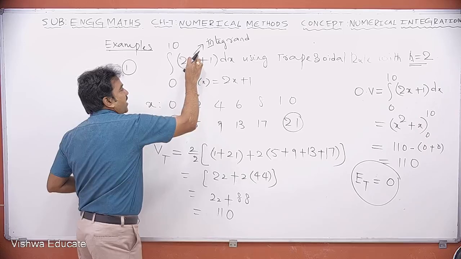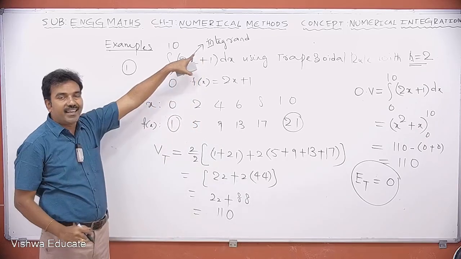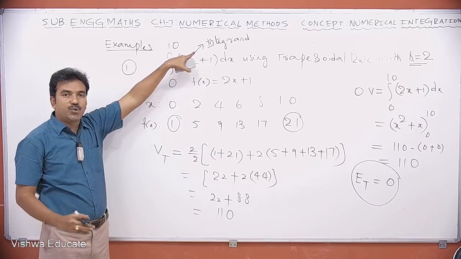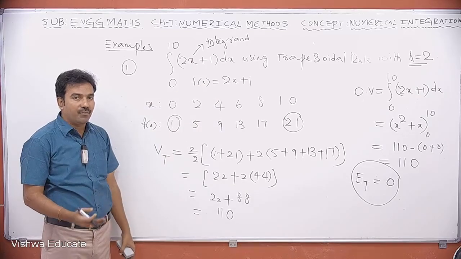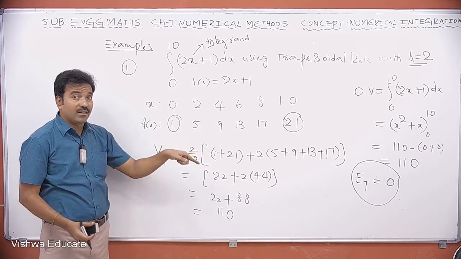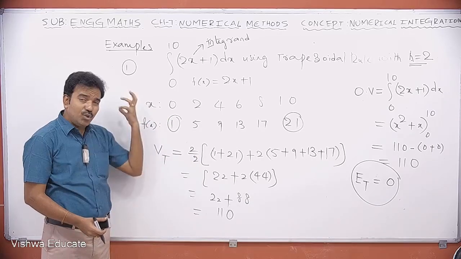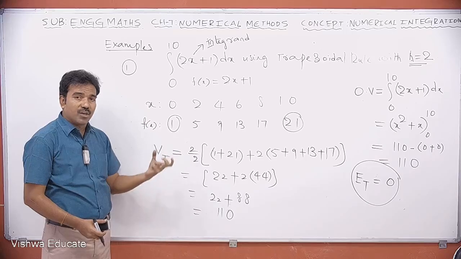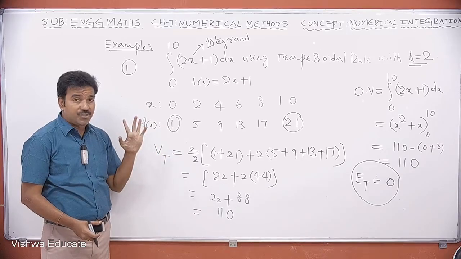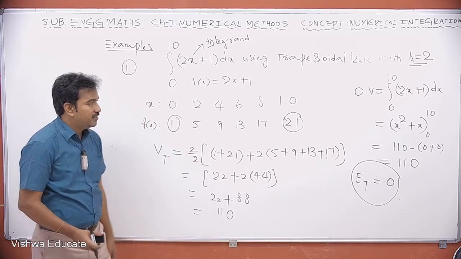So here the integrand is a polynomial function of degree 1. You start with any integrand as a polynomial of degree 1, do it with trapezoidal rule, do it by original value, find the difference, and the error will be 0. Right? Note these points.